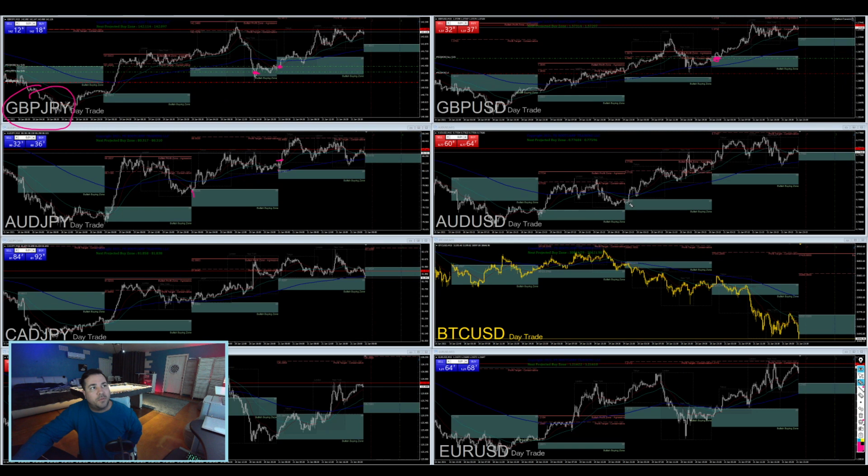The one I am a little bit upset about is that I missed this one right here, and I feel like I should have gotten that. Maybe I should have front run it when it was back in here. I'm working on those front runs. It's not easy because when price is here, this pivot is actually down here, so it's hard to see where this pivot's going to be because it's fluctuating until price closes at the New York session.